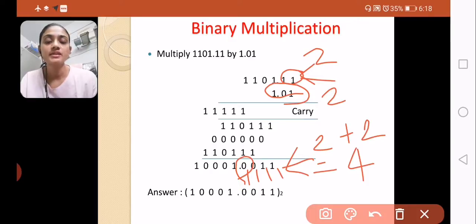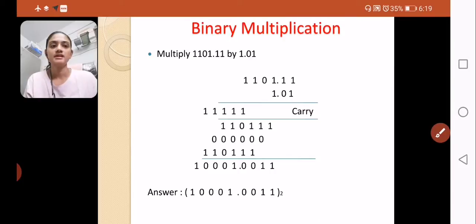After 4 bits you have to put the decimal point, just simple. Okay, so that will be your answer. So you have to calculate how many bits are given after the decimal point in the first number and in the second number, and use that in the answer.